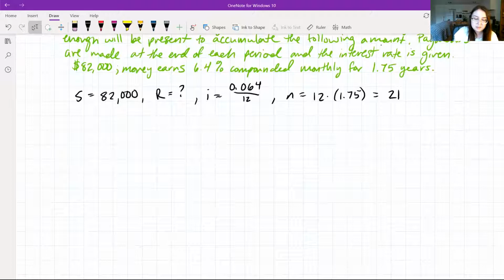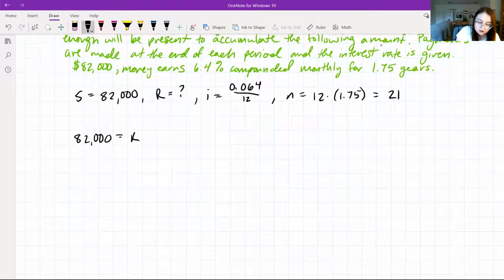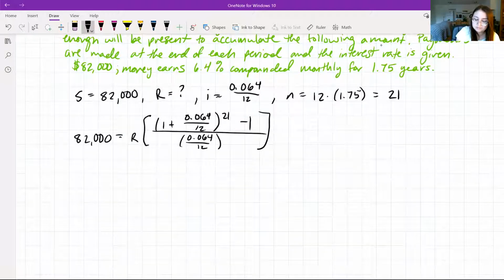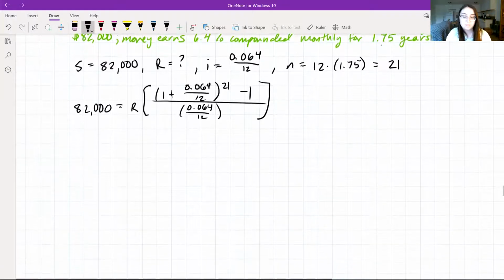All right, so when we set up this equation, we get 82,000, which is S, equal to R, which we're trying to solve, times ((1 + 0.064/12)^21 - 1) divided by (0.064/12).